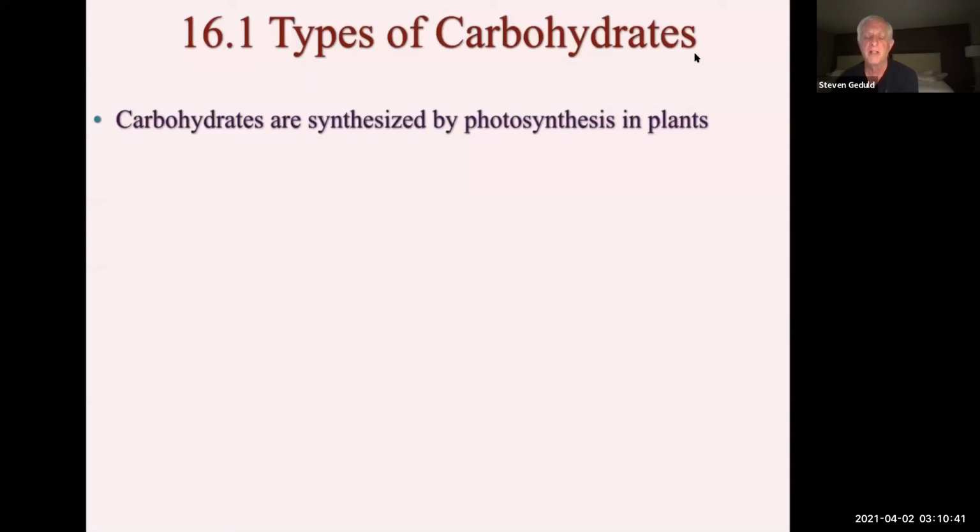Photosynthesis is carbon dioxide plus water yielding glucose, a carbohydrate, plus oxygen. I'm sorry, I said that backwards earlier. So carbon dioxide and water are put together in a plant during photosynthesis to produce your carbohydrate and oxygen.